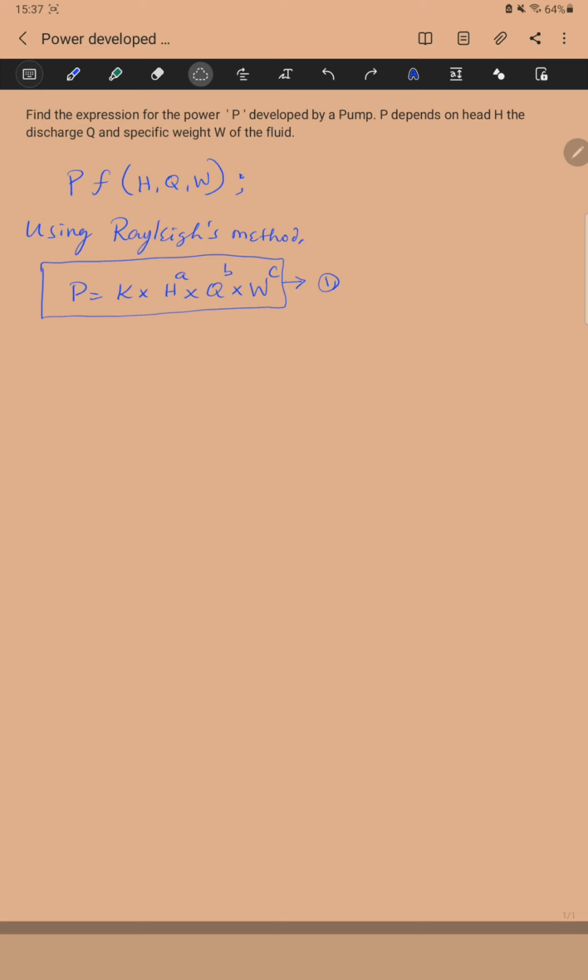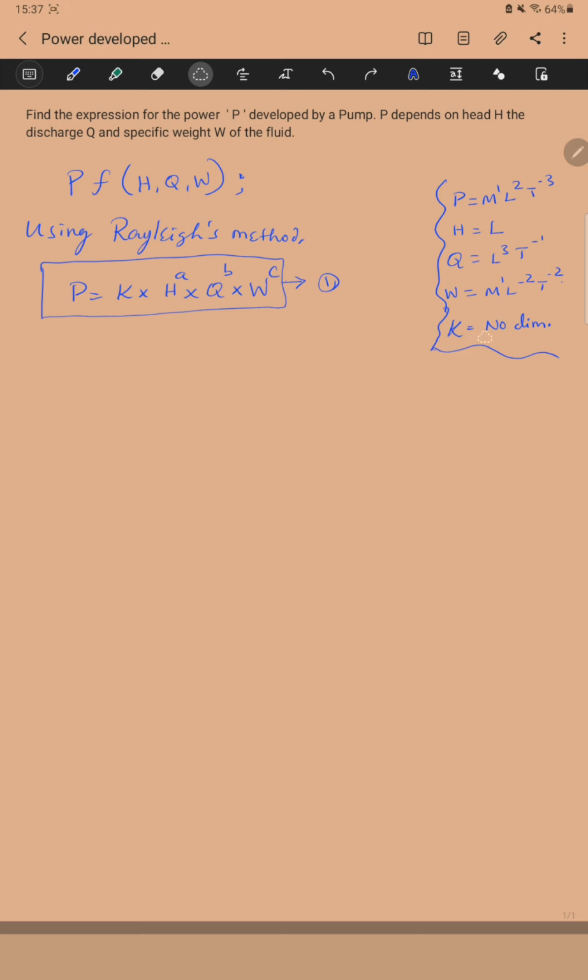And since we are going to be using dimensional analysis, I've got to write all the dimensions of the various variables here. Power is M L power 2 T power minus 3, head is L, Q is L power 3 T power minus 1, W, the specific weight, is M L power minus 2 T power minus 2, and K constant has no dimension.